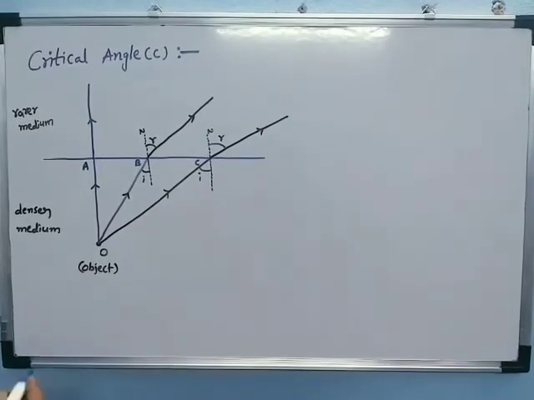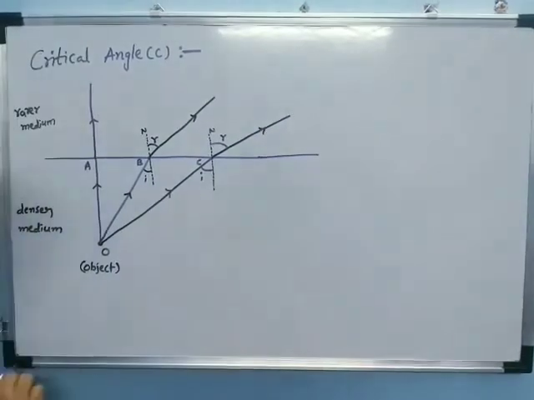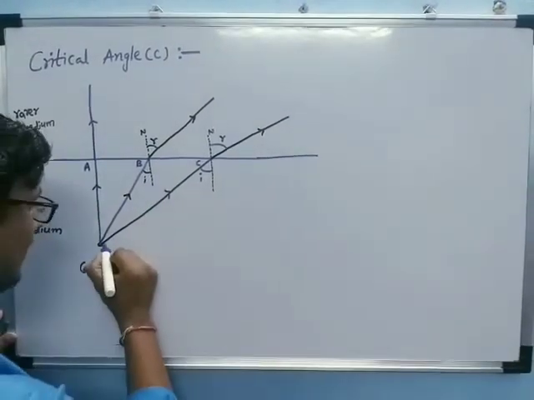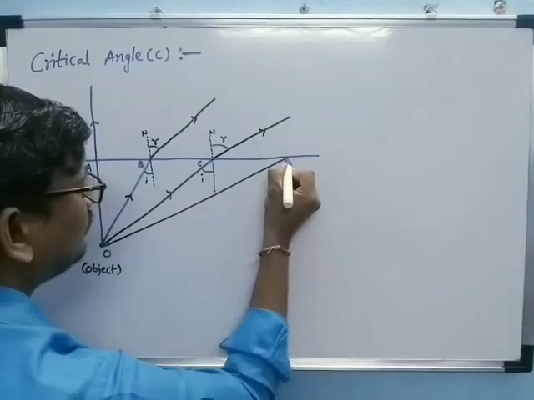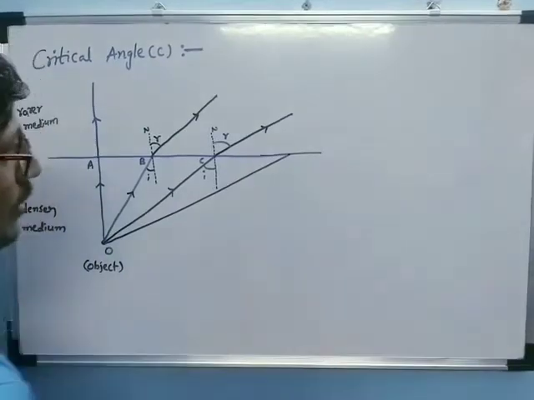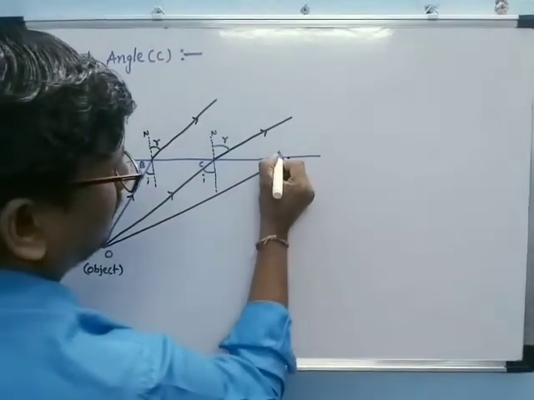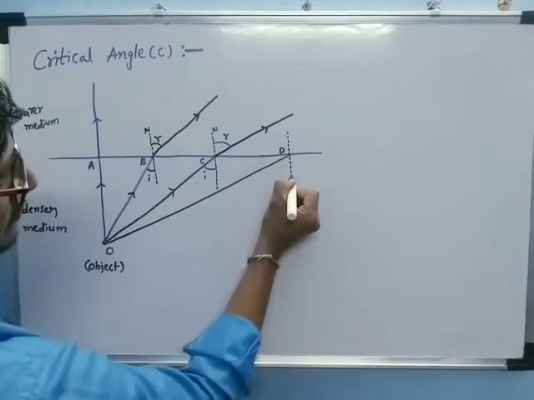Now take another ray. Again we increase the angle, and it is incident on the surface separating the two mediums at the D point. This is the normal.